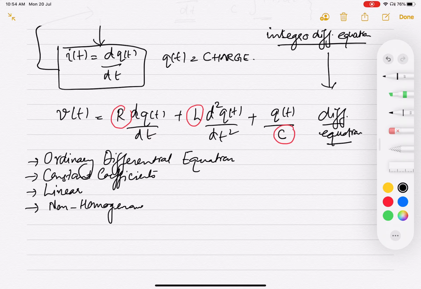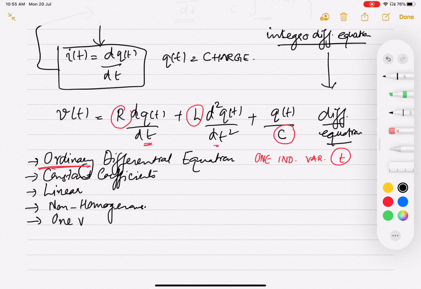What does this mean? When we say it is an ordinary differential equation, we want to separate it from partial differential equations. It's an ordinary differential equation because it has only one independent variable, which in this case is time. You're differentiating only with respect to time. If you had one more variable, say space, then you would have a partial differential equation. It is also in one variable.